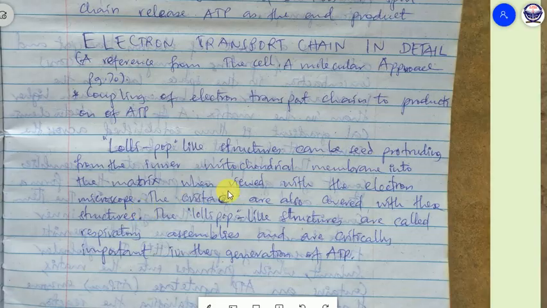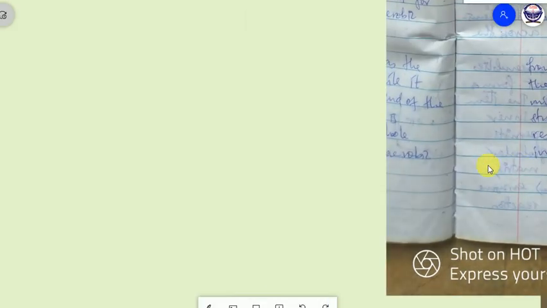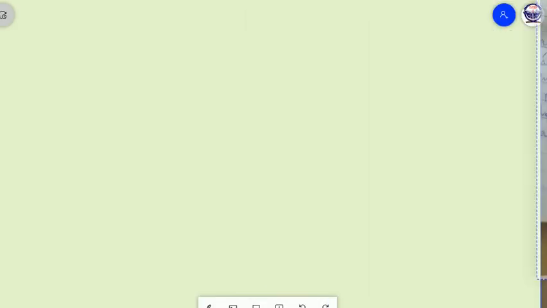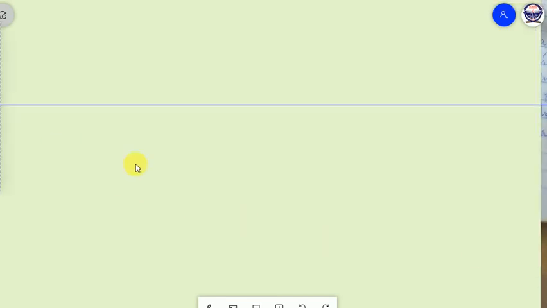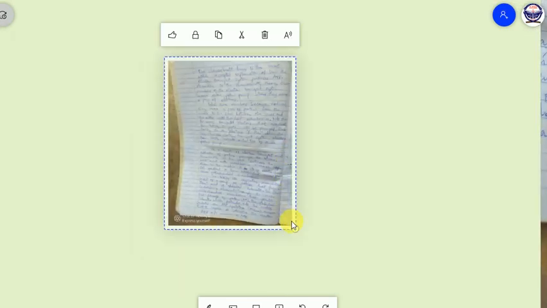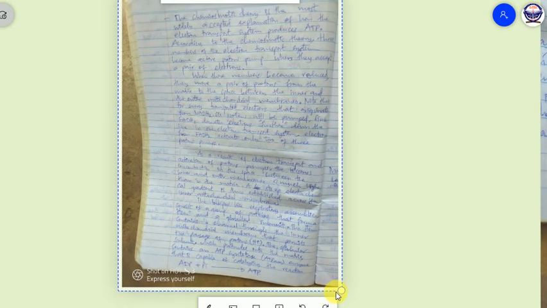Sometimes instead of being called respiratory assemblies, they are called elementary particles. So the lollipop structures are important in the coupling of energy in the formation of ATP.